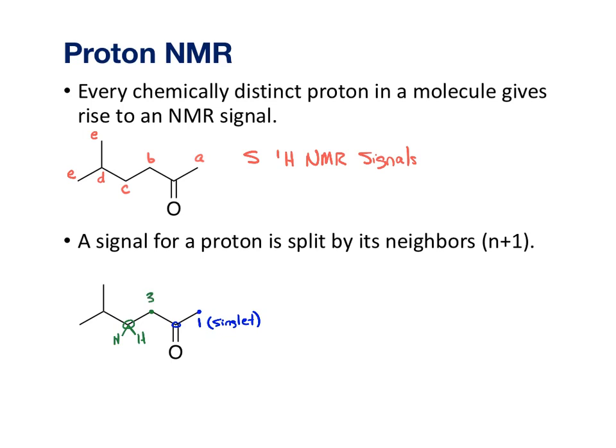The signal for that one will be split into 3 lines, or a triplet. So a triplet looks kind of like that. Next, let me redraw this so we're not writing on top of things we've already done.